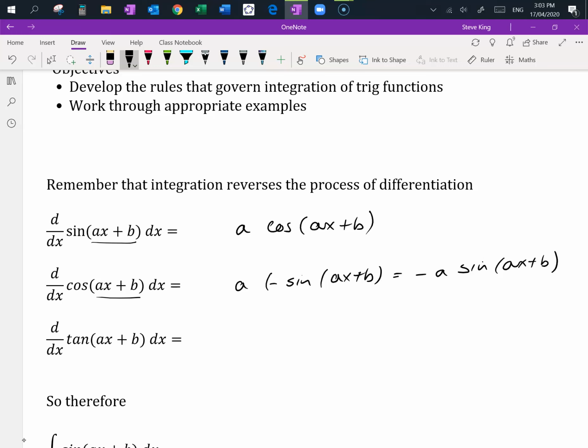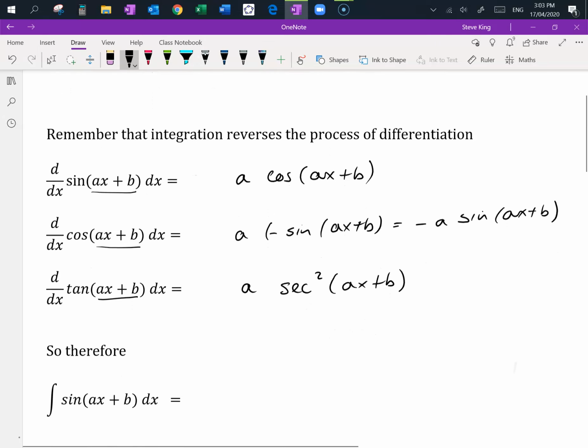And then finally, when we look at the derivative of tan of ax plus b, obviously the derivative of ax plus b is going to be a, and then the derivative of tan is going to be sec squared of ax plus b. So there we've got the derivatives of each of those functions.